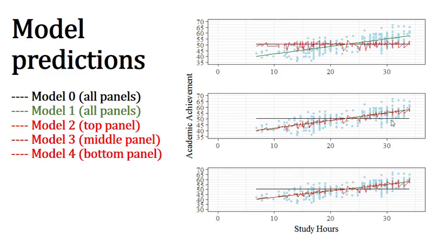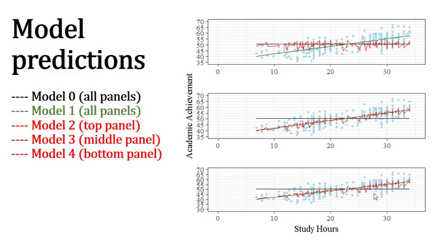We know that it's better than model 0, but we cannot say anything about the difference between model 1 and model 3. Model 4 is the same, it captures the trend of the data, but again visually we cannot say if it's better than model 1 or not.